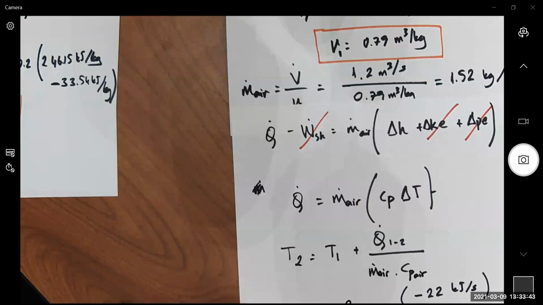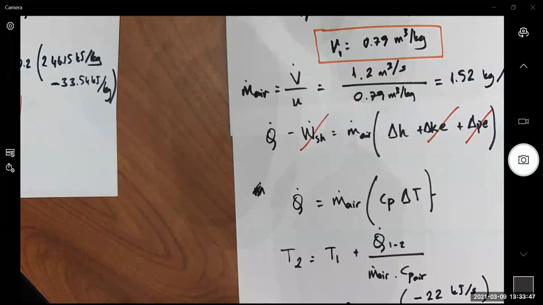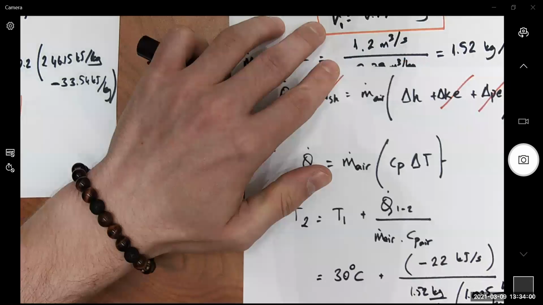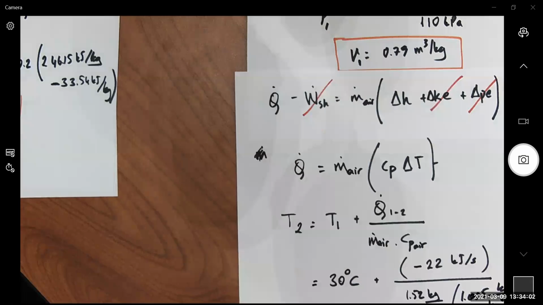Minus 22 kilojoules per second, mass flow rate is 1.52 kilogram per second, and Cp is 1.005 kilojoules per kilogram Kelvin. And T2 from here will be 15.6 degrees Celsius.